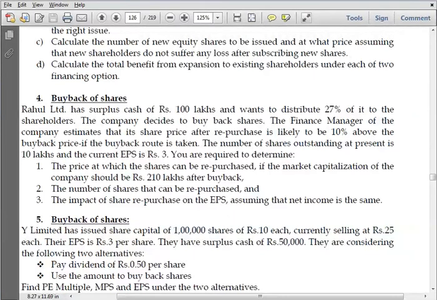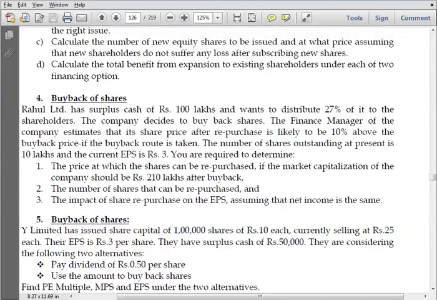So you are going to distribute 27 lakhs to the shareholders. This 27 lakhs is similar to the 150 crores of the last problem. 150 crores was split into issue price and number of shares, X and Y. 27 lakhs will be split as buyback price and number of shares, X and Y. X is the buyback price and number of shares is Y. Last problem, issue price was X and number of shares was Y. 150 crores was to be raised. Here 27 lakhs is to be distributed.